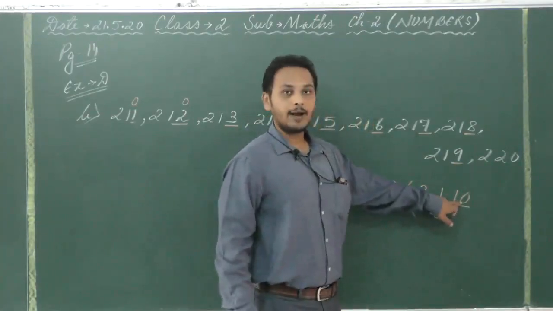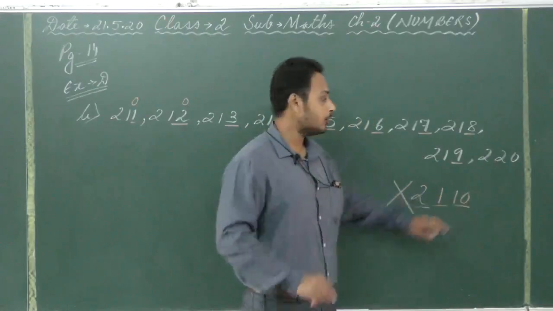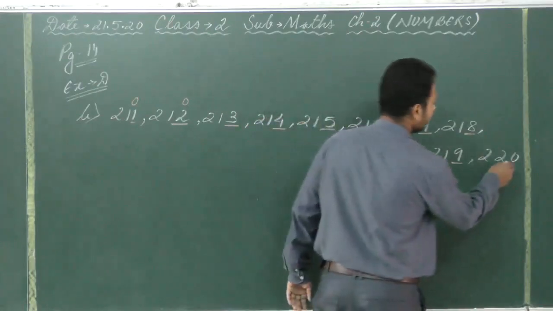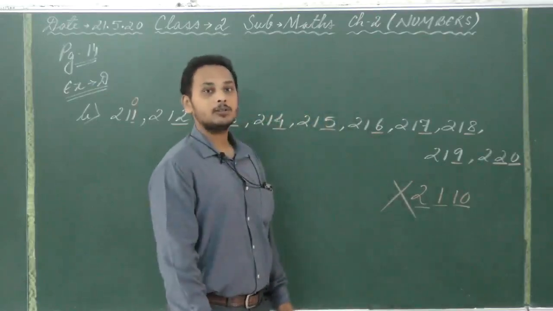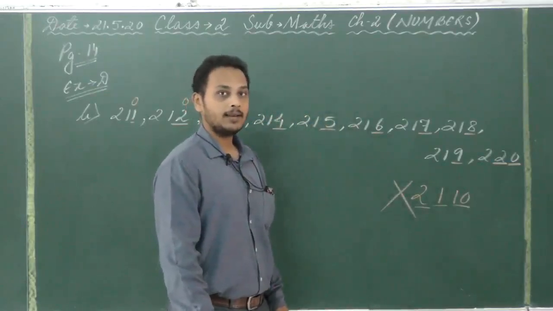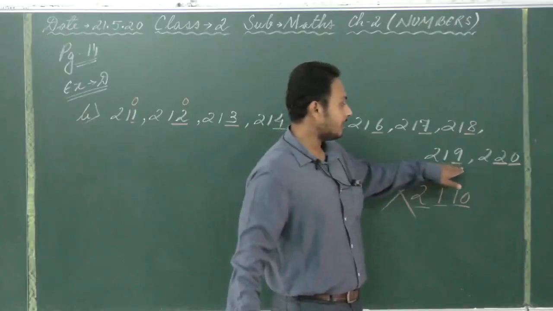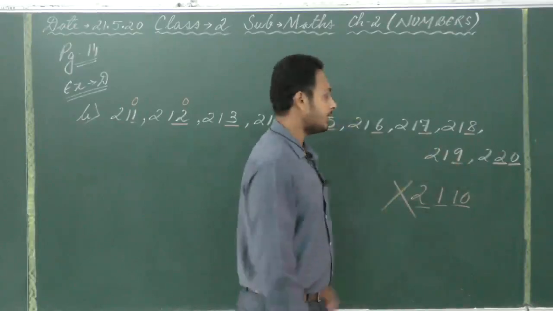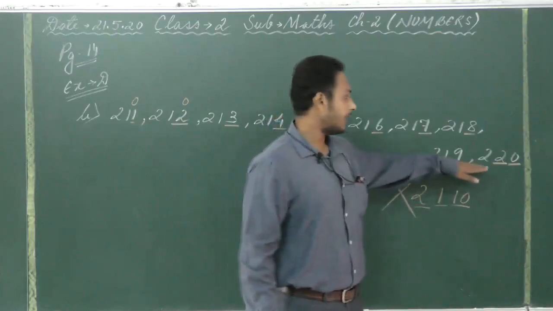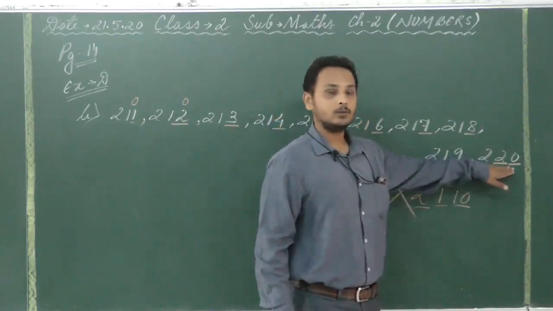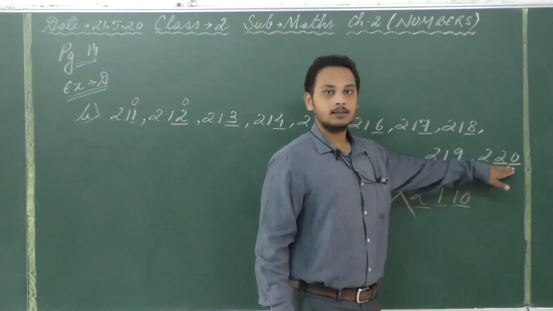So when you have to write 10, what are we going to do? We are going to change the numbers in the tens place also. Okay? So after 219, we will change both these numbers from here. 19 we have, after 19 comes 20, 20. Did you understand?